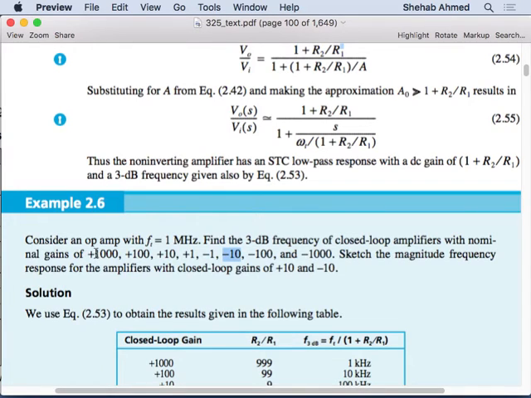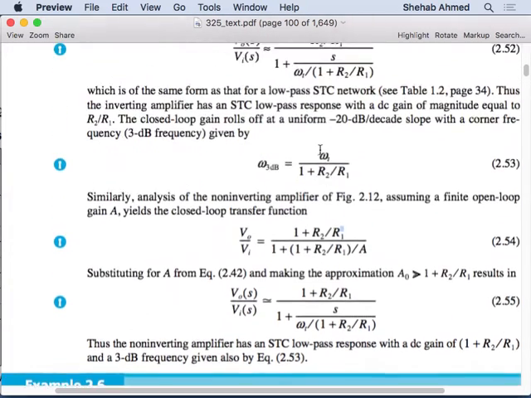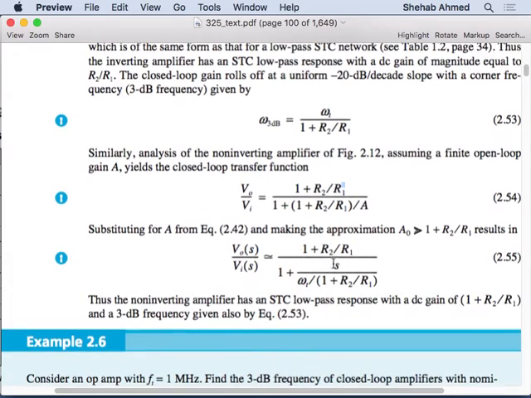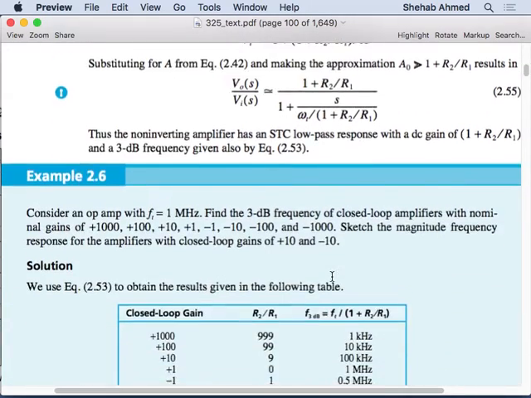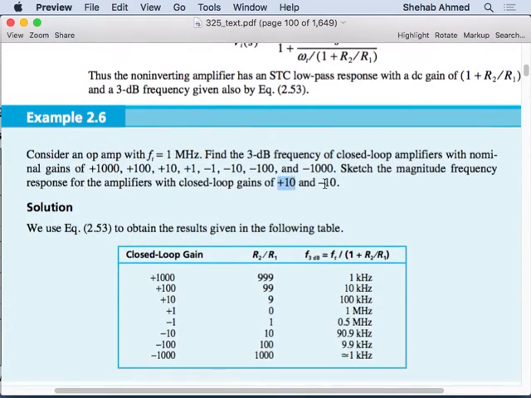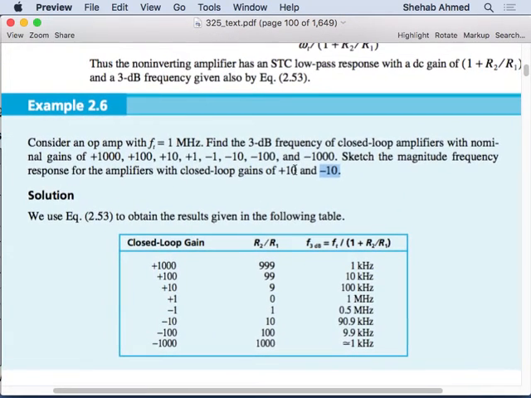They're giving you gains, and they want you to find the corresponding 3 dB frequency for a given FT. We know that FT over F is equal to the gain. That's the approximation from the amplifier. So you find the magnitude and phase of this, and of this, and for closed loop gains equal to plus or minus 10, you want to plot them. What else? They want you to calculate them.